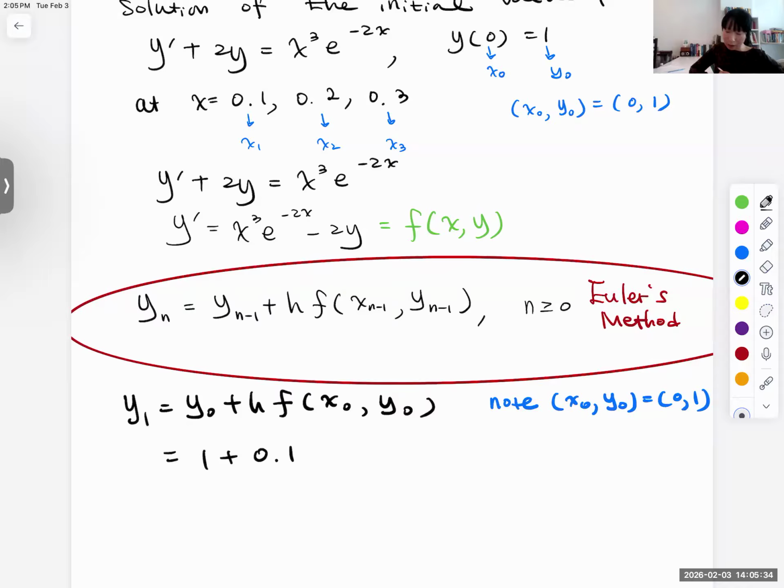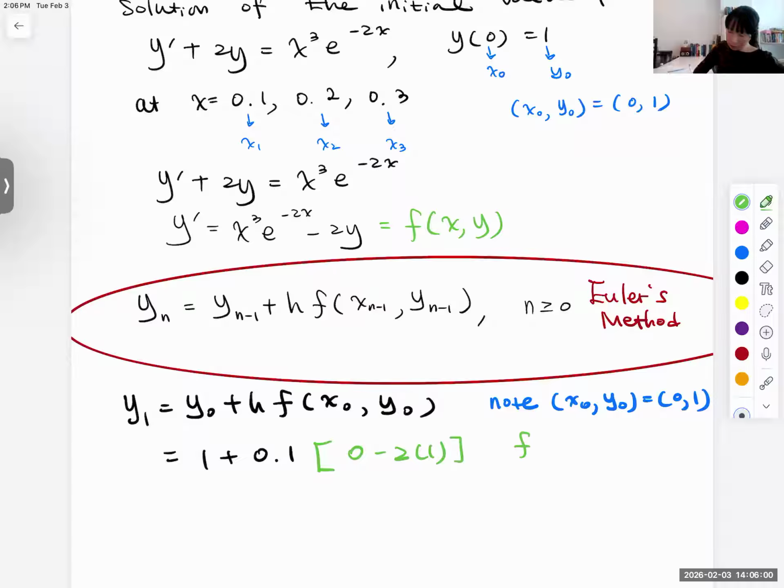And f of x naught, y naught. So we have x to the third power, 0 to the third, so everything is 0, minus 2y, which is 1. Make sense?